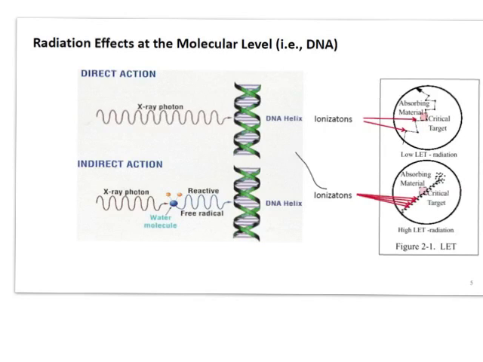Of these two, the primary one that we are concerned with for pretty much everything that we do, except for potentially certain therapeutic applications of radioisotopes and certain nuclear medicine applications, primarily what we're talking about is indirect action.